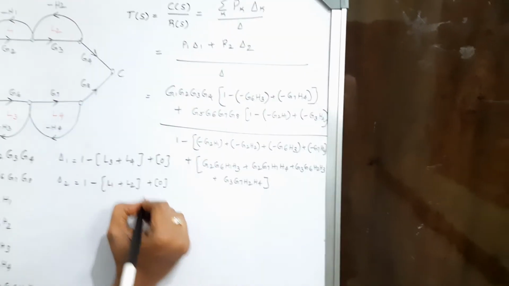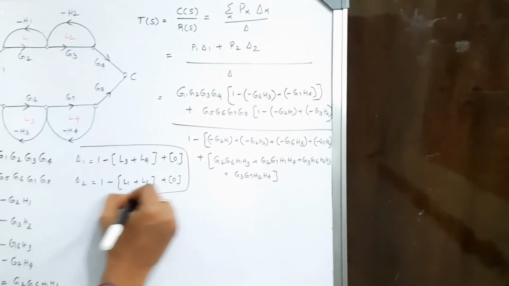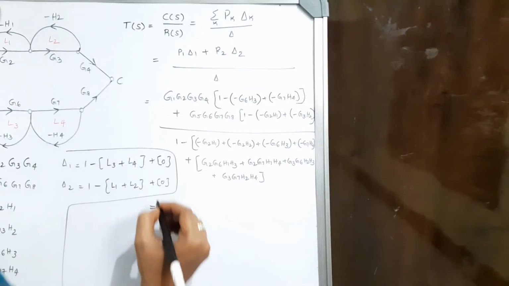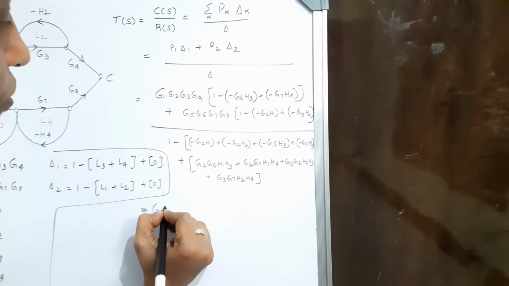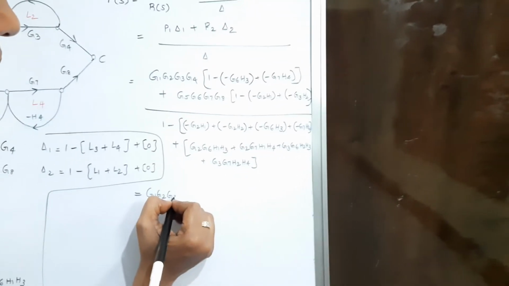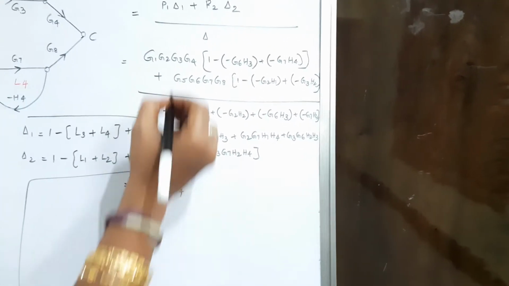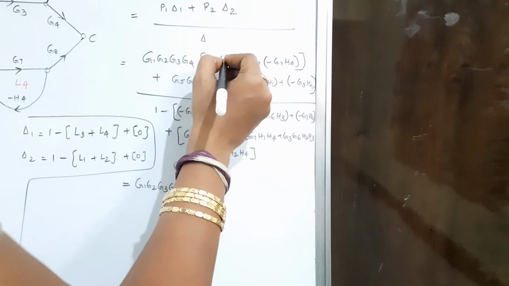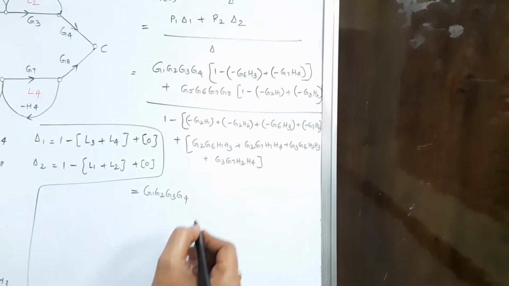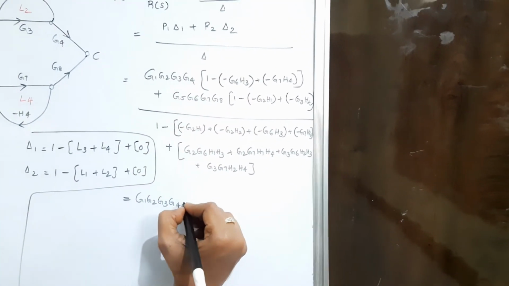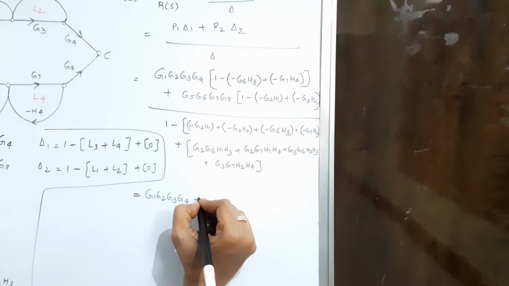The final step here being, just simplify. G1, G2, G3, G4 into 1 is 1. So this becomes minus into minus plus.